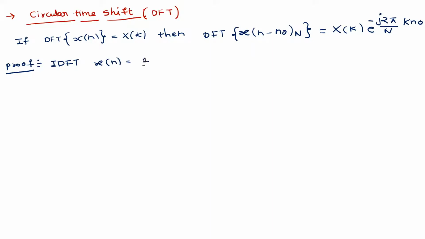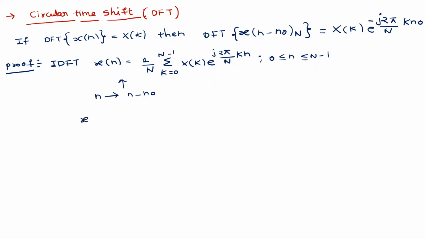We know the formula of IDFT: x of n is equal to 1 by N summation of k equal to 0 to N minus 1 X of k e power j 2 pi by N k n, where n is between 0 and N minus 1. So we have to put n as n minus n naught in the above equation.